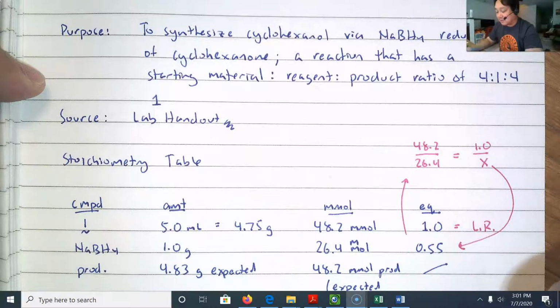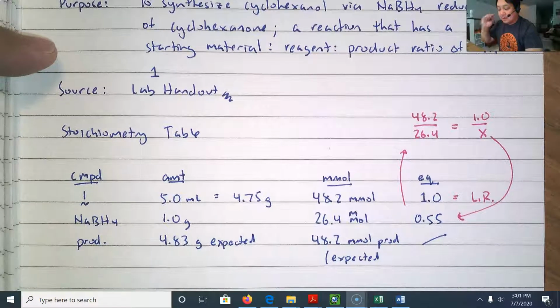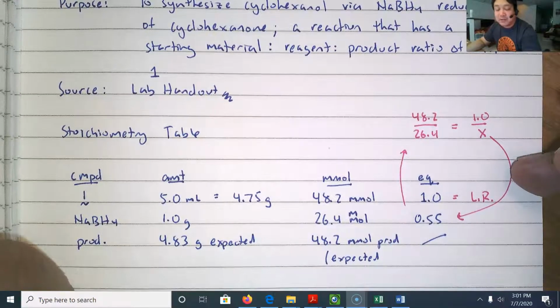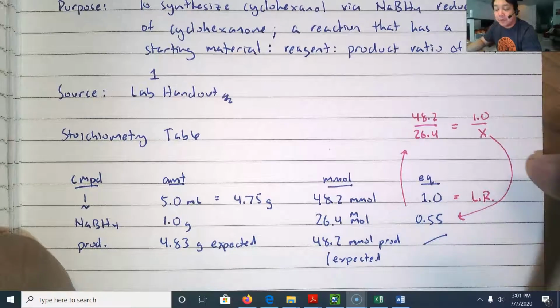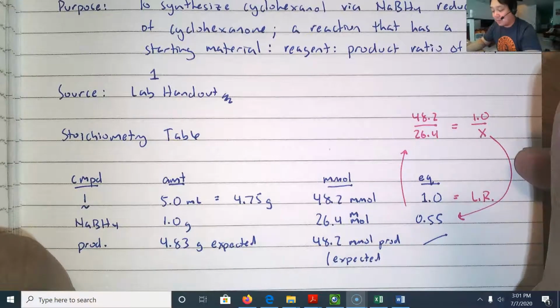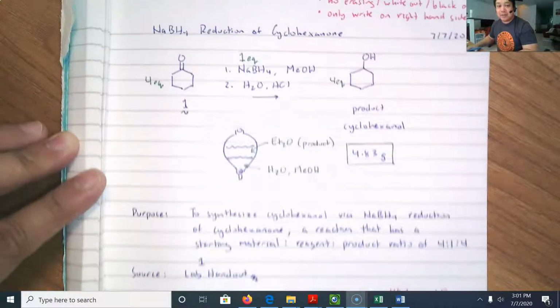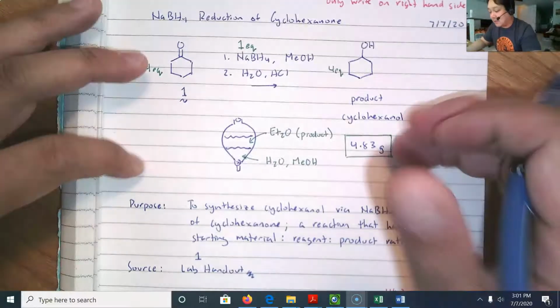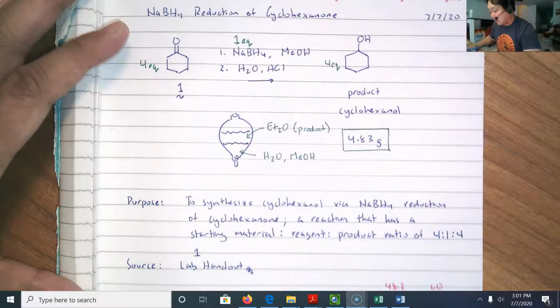Look at what is expected for your stoichiometry table. Okay? This is going to take rewatching this. I would rewatch this video one more time before you do lab 2. Okay, but right now, this is the pre-lab entry so far that I would expect for lab 1. Give or take some other details that you may want to add, but this is pretty good.